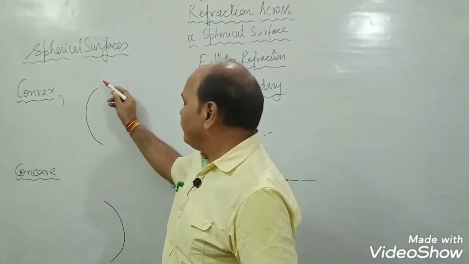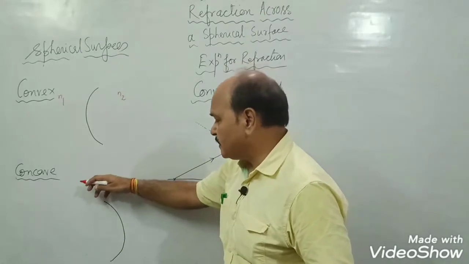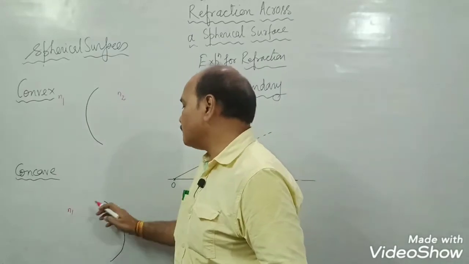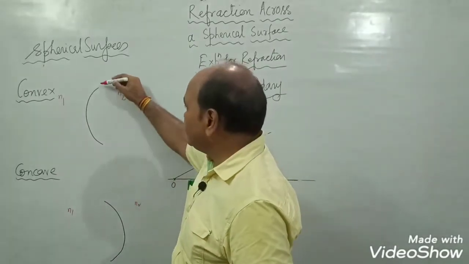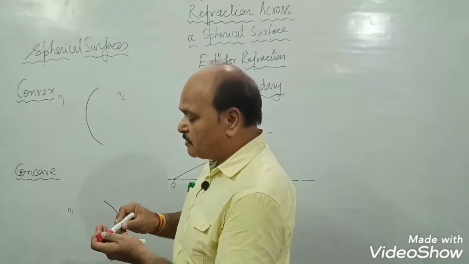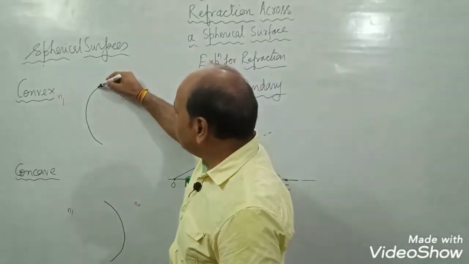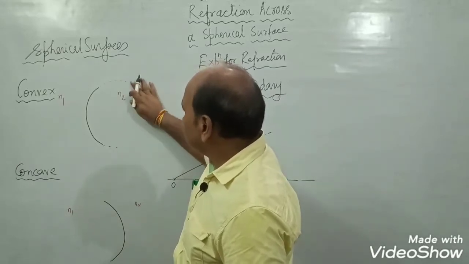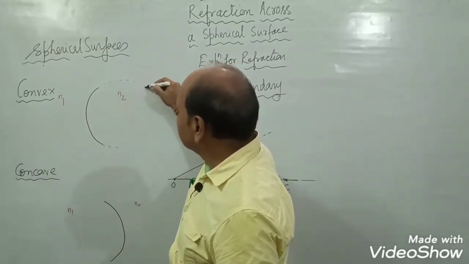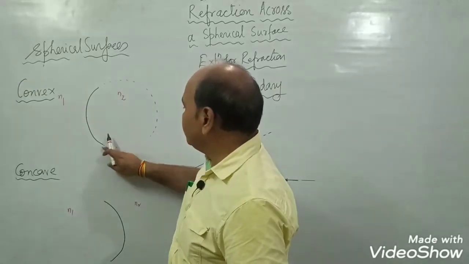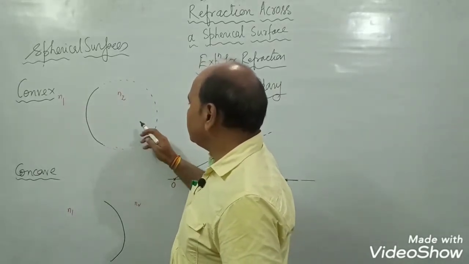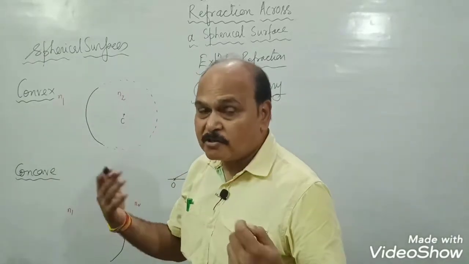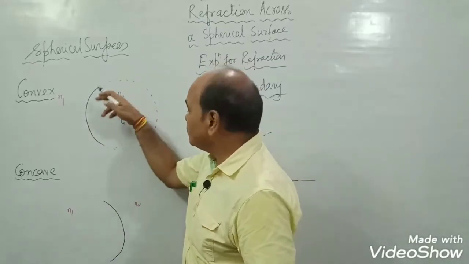Every spherical surface, whether it is concave or convex, is part of a sphere, and the center of that sphere is called the center of curvature of this curved surface.